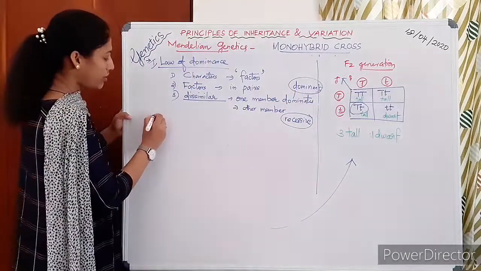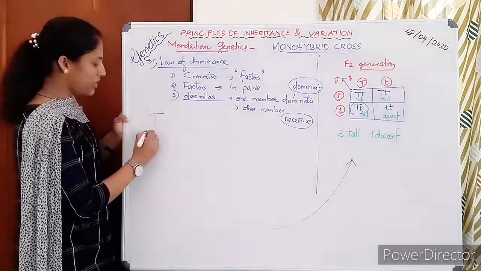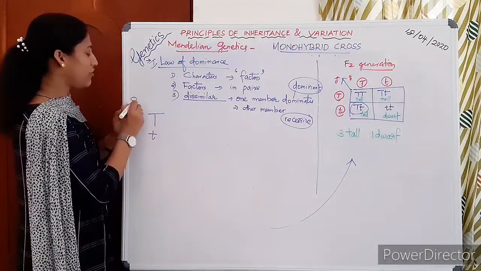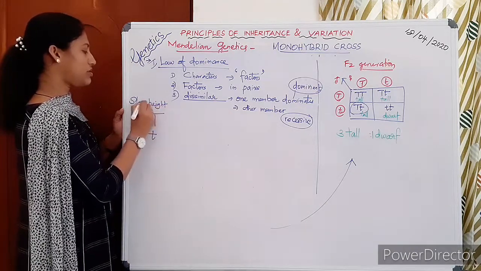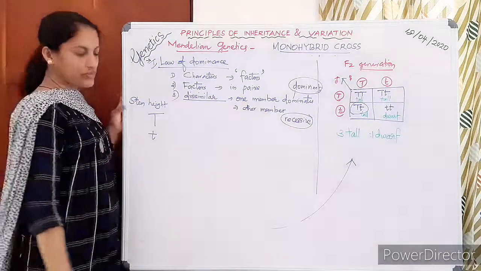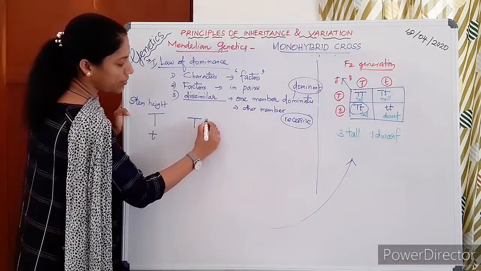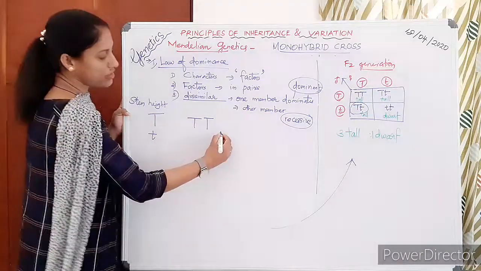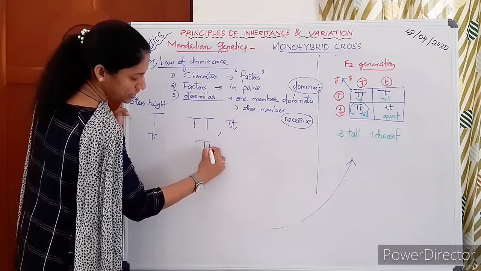Okay, so according to Mendel, when we use the symbol capital T and small t for stem height, these are the factors. Different combinations of the factors are possible: either capital T capital T, or small t small t, or capital T small t.